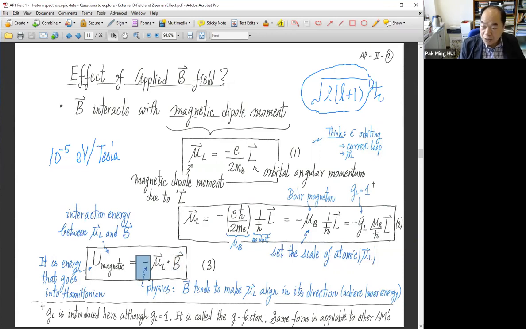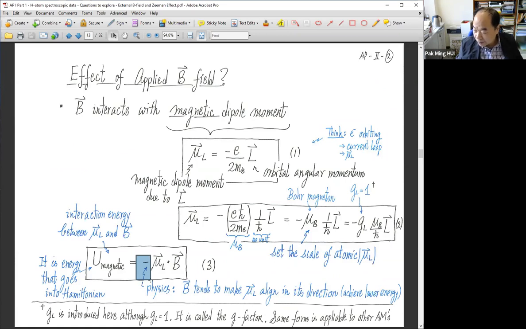The meaning of which is that if mu aligns with the external field, the energy will be lower. That is that minus sign. Okay, so alignment is good. The magnetic field tends to align the magnetic dipole moment to its direction. So this is classical physics.